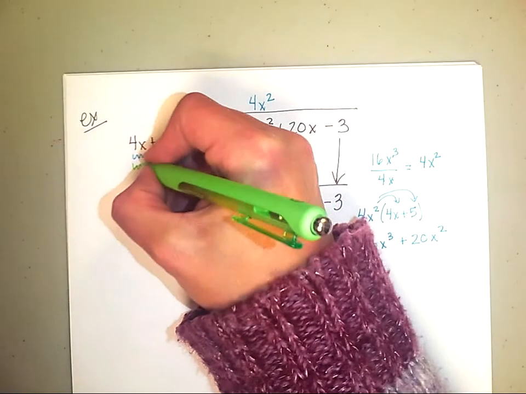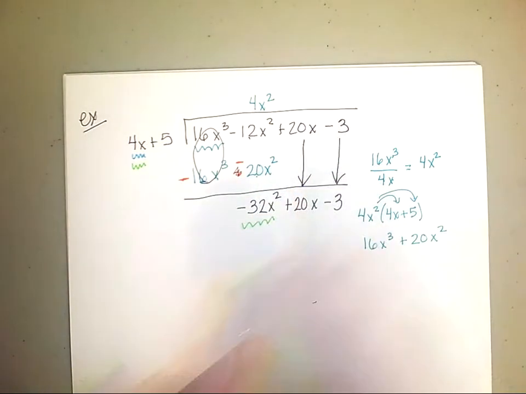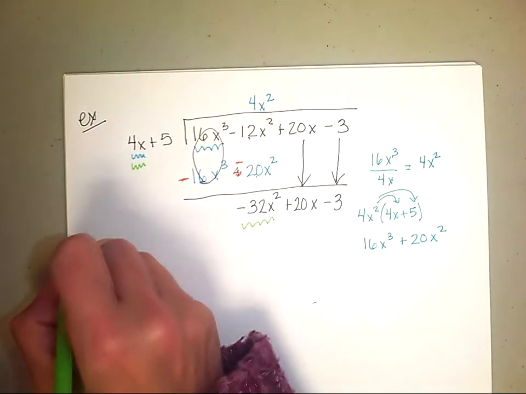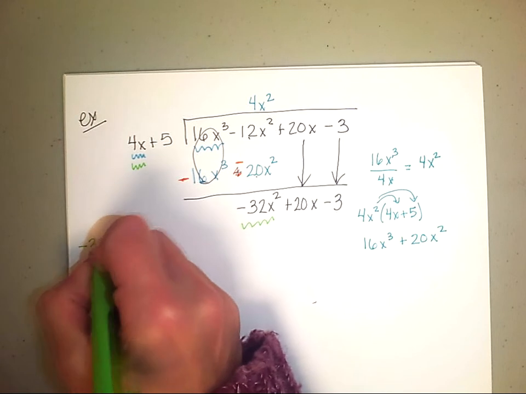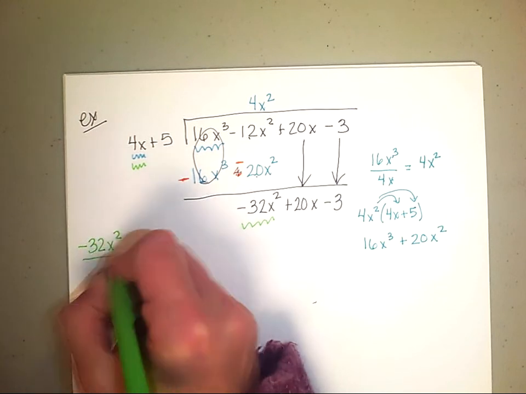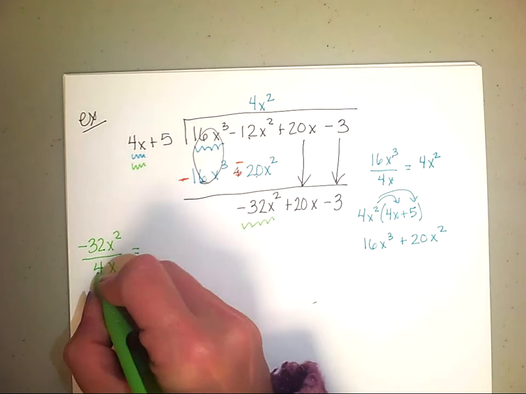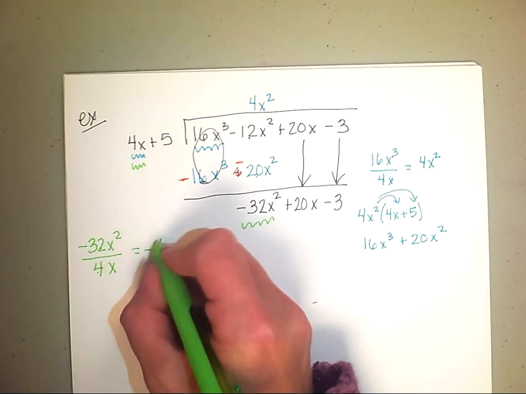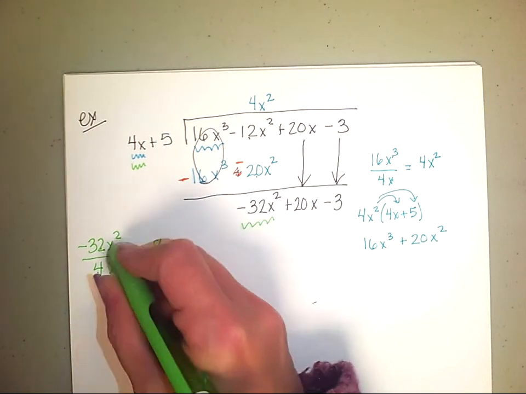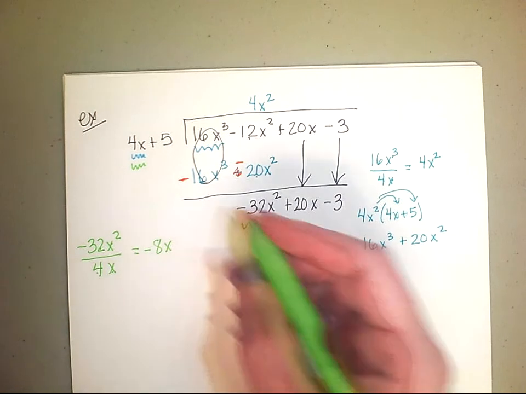Now we start again. 4x, minus 32x squared. So minus 32x squared, how many times does 4x go into that? Well, 4 goes into negative 32, negative 8 times, and x goes into x squared x times.